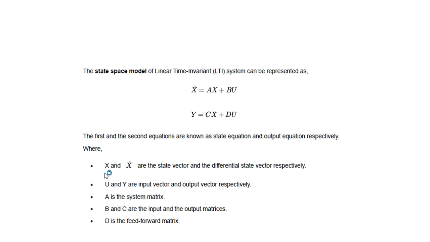In this case x is the state vector, x dot is the differential state vector. Similarly, y = Cx + Du is the output equation, where u and y are the input and output vectors respectively. A is the system matrix, B and C are the input and output matrices, and lastly D is the feed forward matrix.